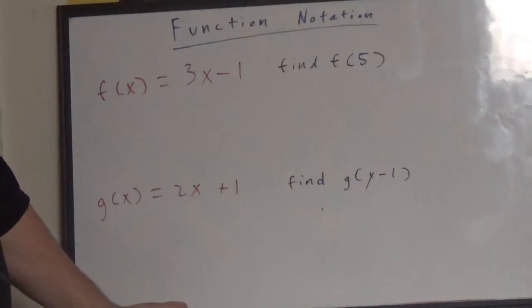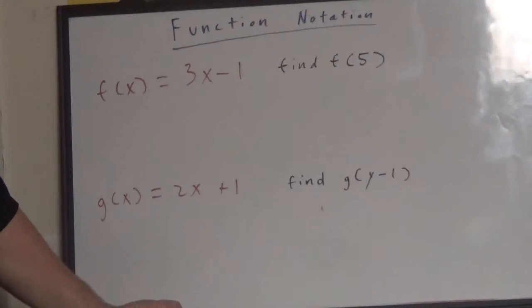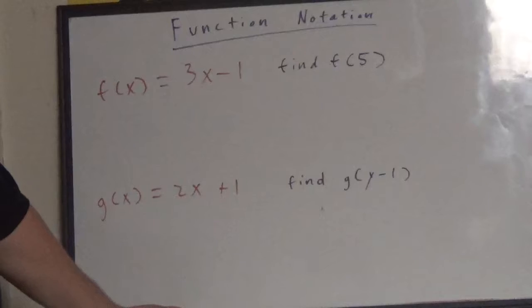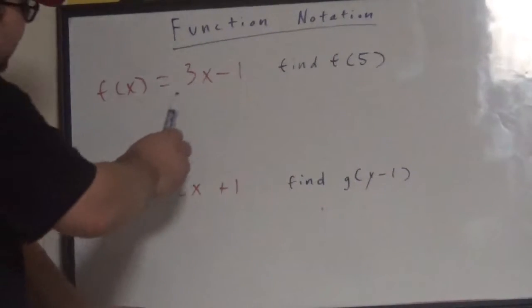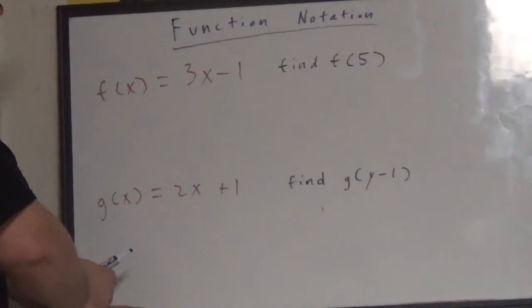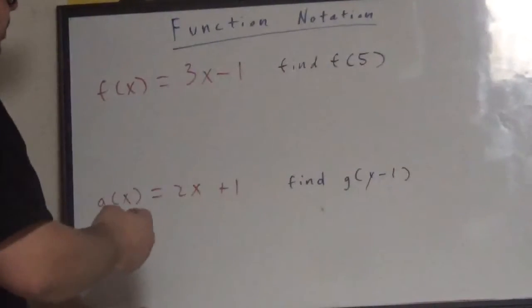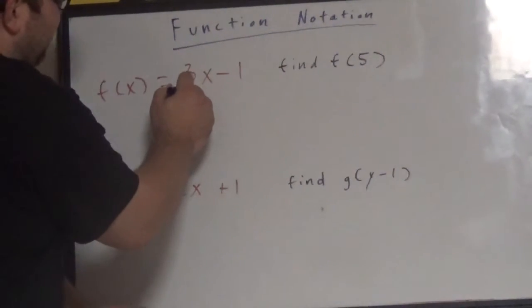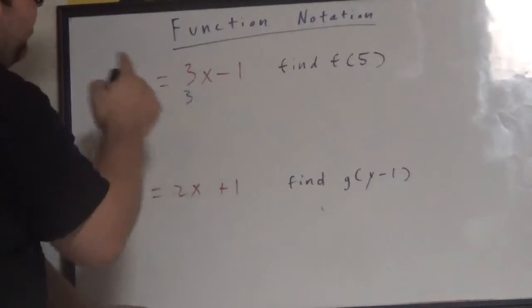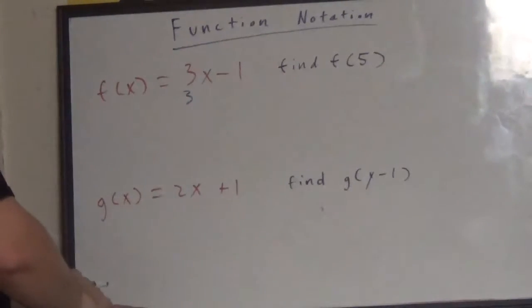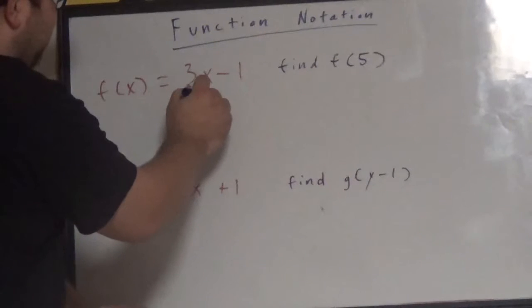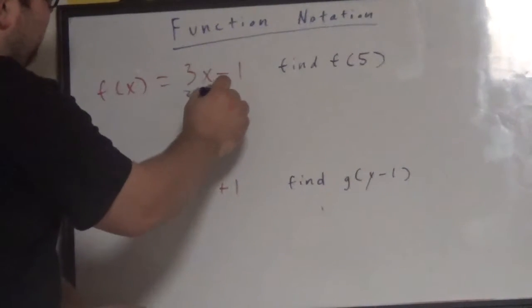So what if instead of an x, we have a 5? This is, again, simple. Take this x, replace it with 5. So instead of 3 times x, I'm going to do 3 times 5 minus 1.